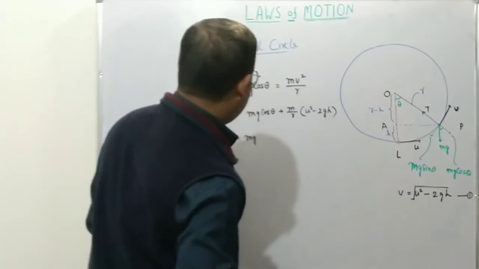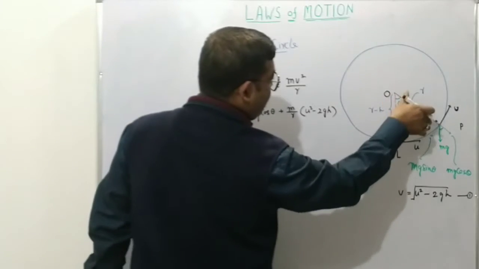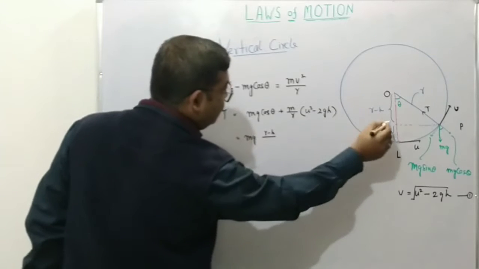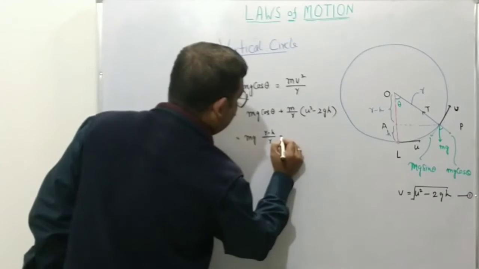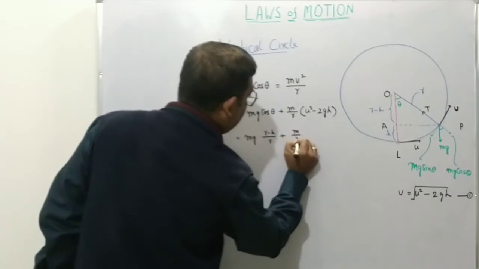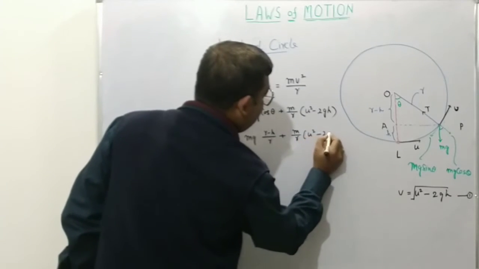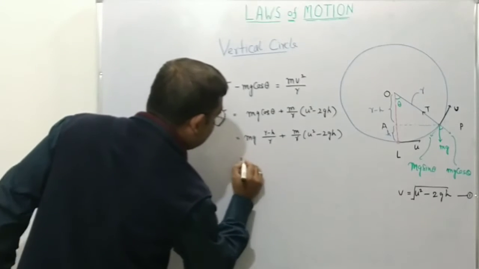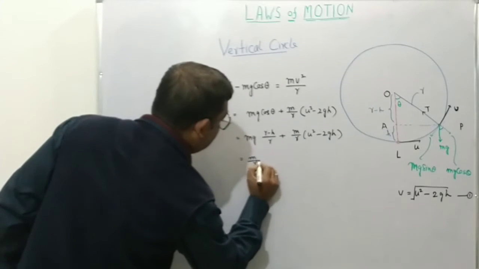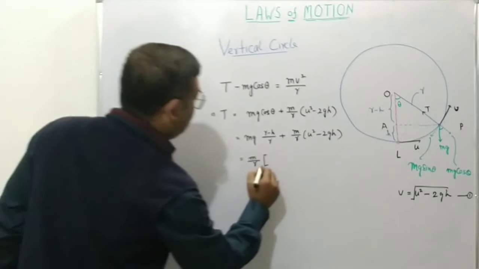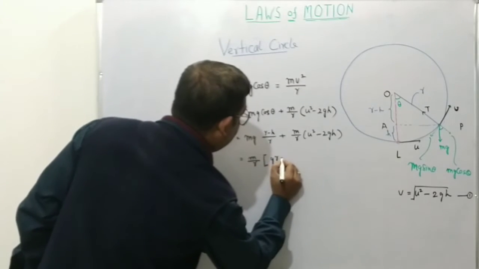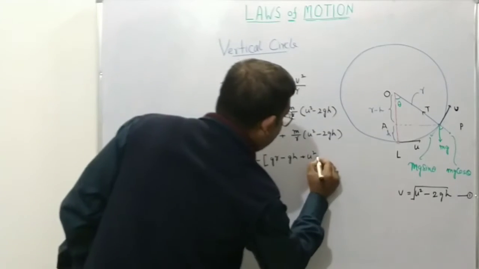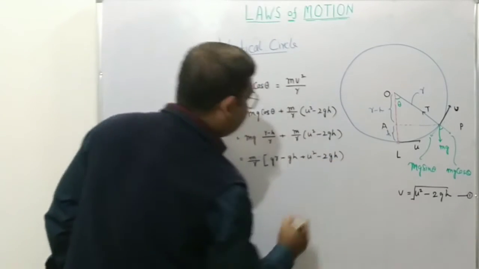So cos theta will be given by base by hypotenuse, that is r minus h divided by hypotenuse r, plus m by r into u square minus 2gh. So take m by r outside, then we get gr minus gh plus u square minus 2gh.